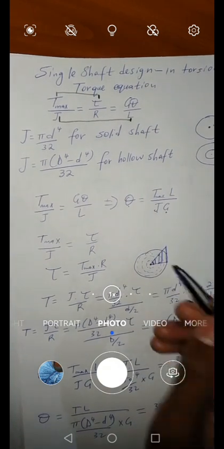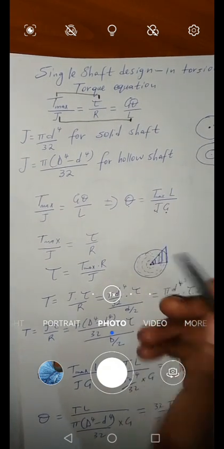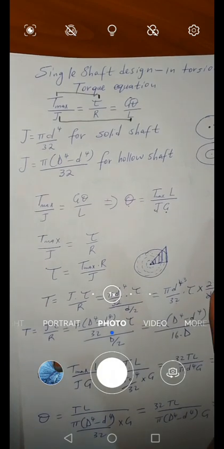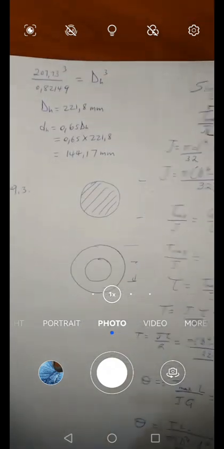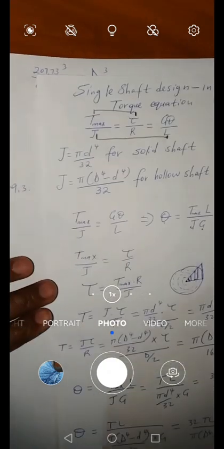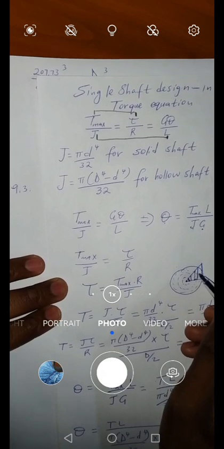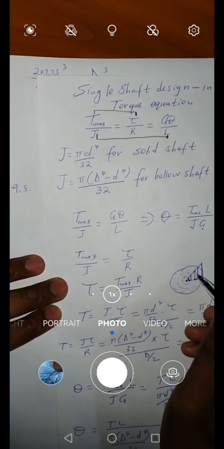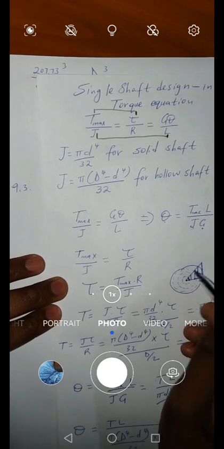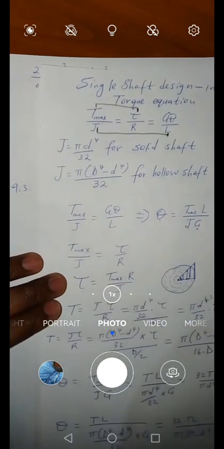So that material, actually I can say, is underused. The material that will do more work is this part, because that's where you're going to have the shear stress. That means you will need more resistance here, since too much shear stress will be here, not at the core.